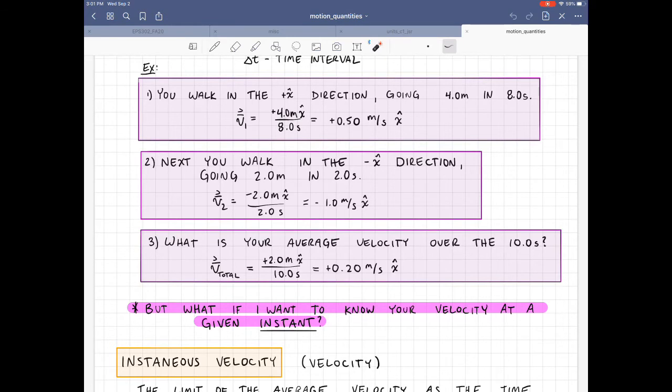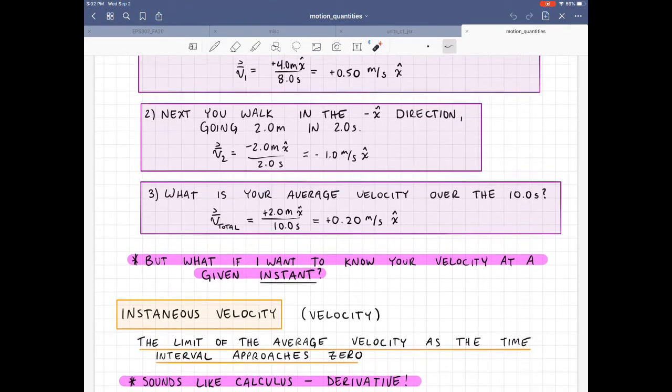We traveled for 8 seconds at 0.5 meters per second to the right, and then we traveled for 2 seconds at minus 1 meter per second to the left, or 1 meter per second to the left. And so the average velocity, although it provides you with some general information about the motion, it can gloss over or omit some of the details that we might be interested in if we're trying to characterize the motion.